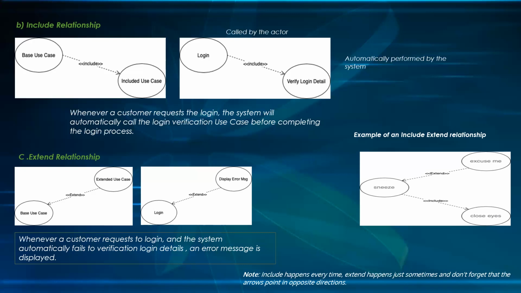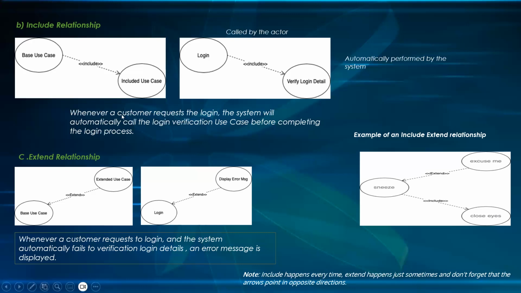Is that true or false? So every time you try to log in, the system verifies your details. That means for this action to be complete, a verification use case has to be performed.